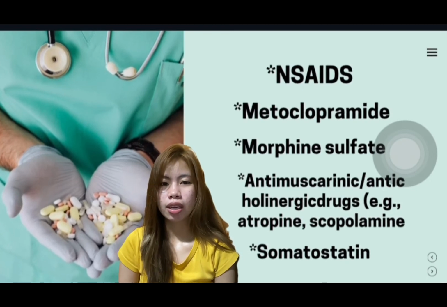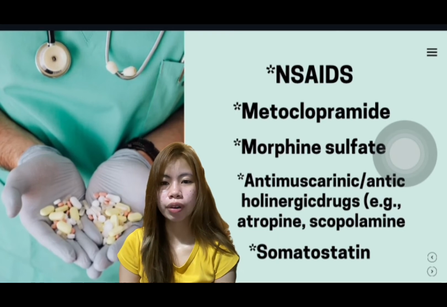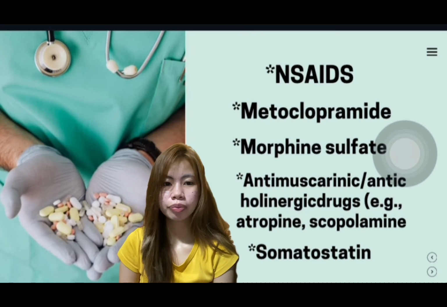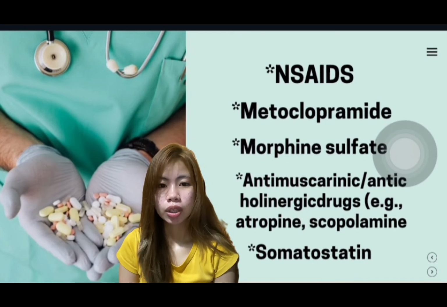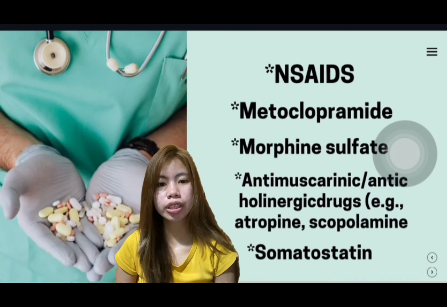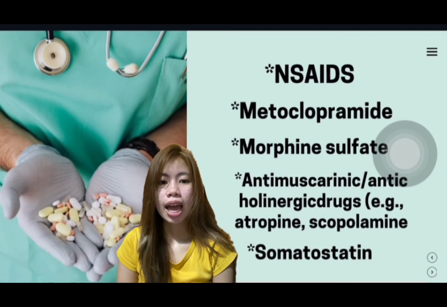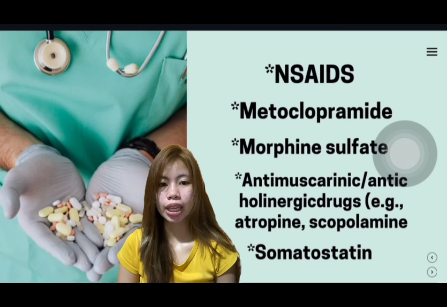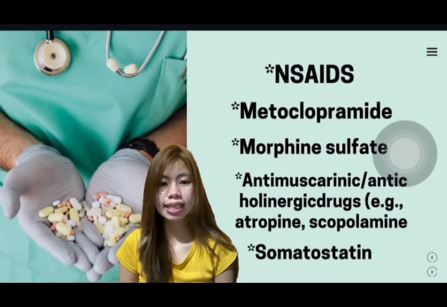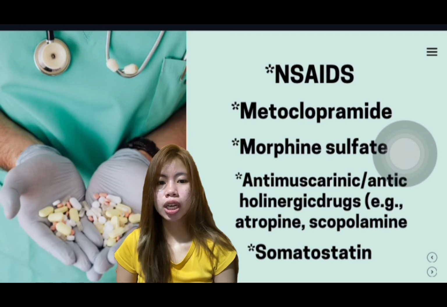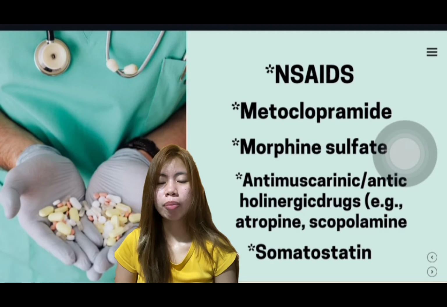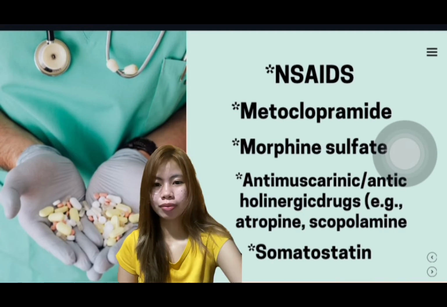So this product is also available in dosage forms such as tablets, disintegrating, and with about 10 milligrams 4 times a day, taken 30 minutes before each meal and at bedtime for 2 to 8 weeks. So, nursing assistant may assess for gastrointestinal complaints such as nausea, vomiting, and constipation.